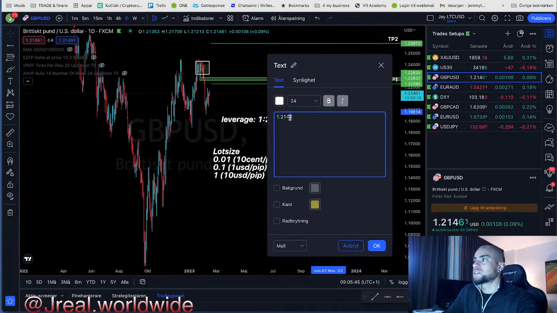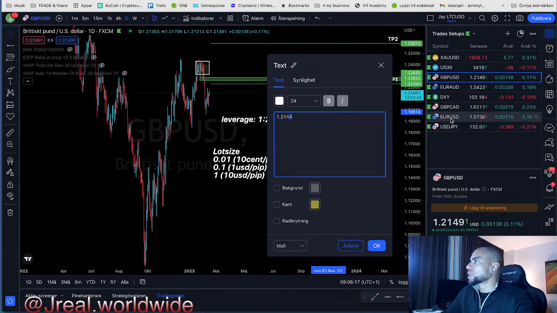This one. This would be 1 pip in this case. So if the market moves from 1.2144 to 1.2145, it has moved up 1 pip. If it moves down to 43, sorry, it has moved down 1 pip. All right. So this will represent 1 pip in this case.